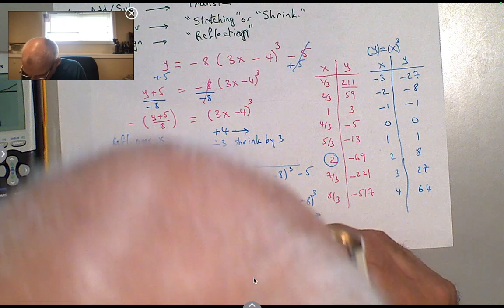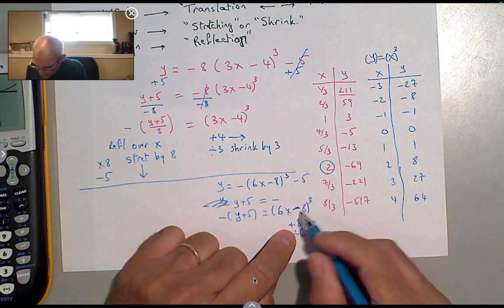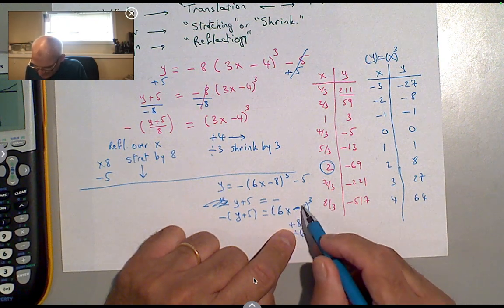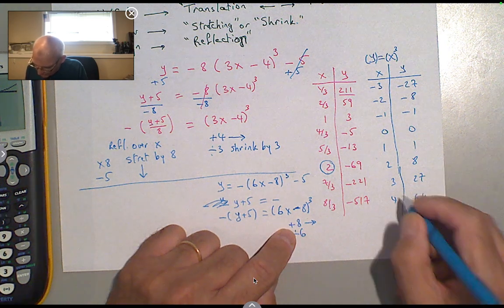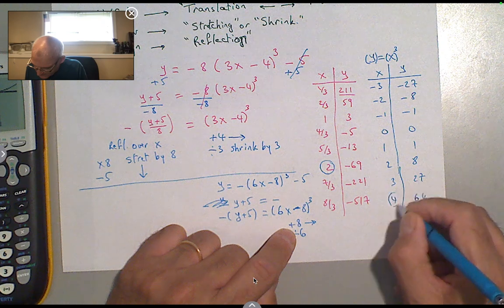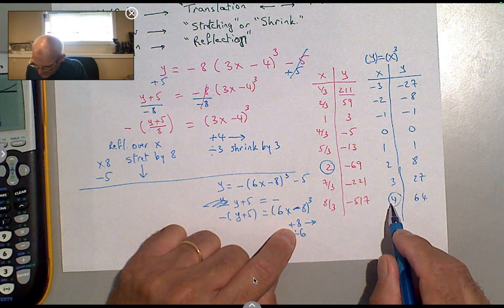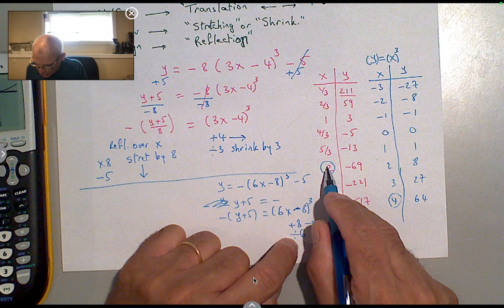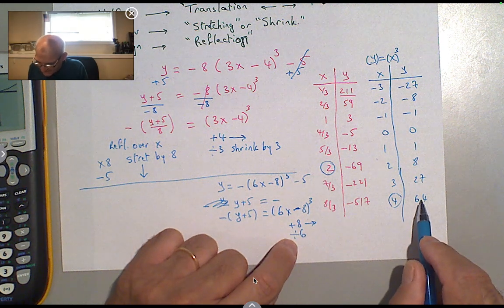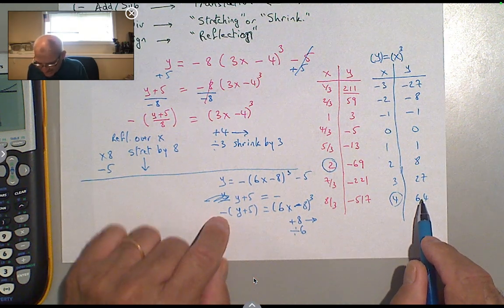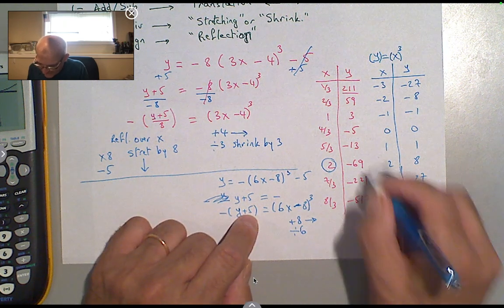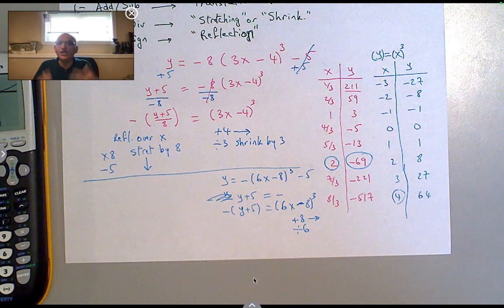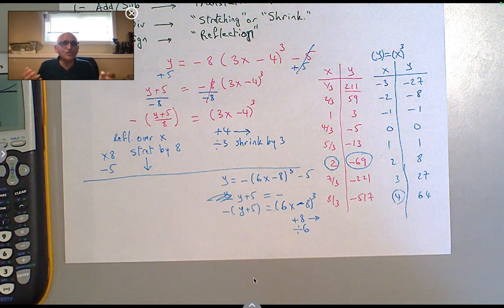If I take the 64, change its sign, it will become negative 64, then subtract 5, I get negative 69. So you see, you get the same exact graph.